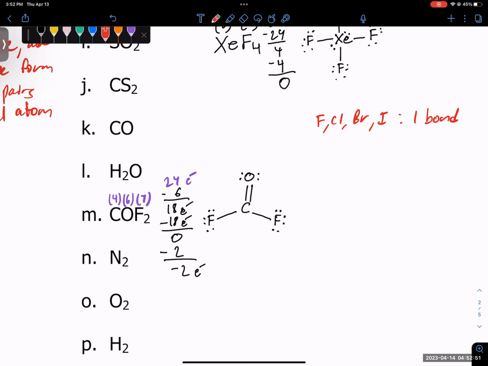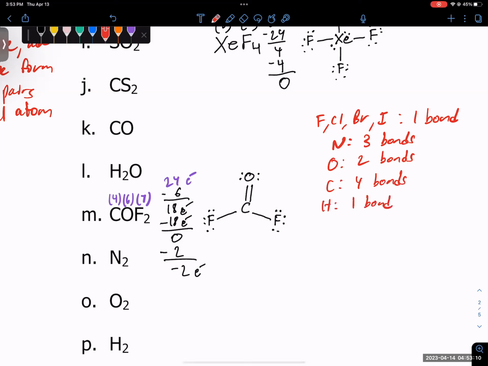Anyways, carry on. So, while we're on this subject, nitrogen generally likes to form 3 bonds. Oxygen generally likes to form 2 bonds. And as we've stated, carbon generally likes to form 4 bonds. Anything else? Oh wait, hydrogen, 1 bond. And I should probably add as well, no lone pairs.